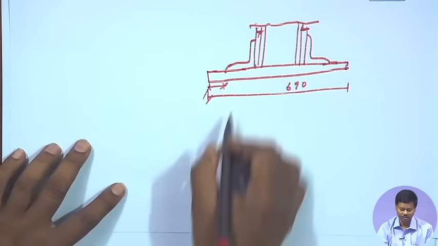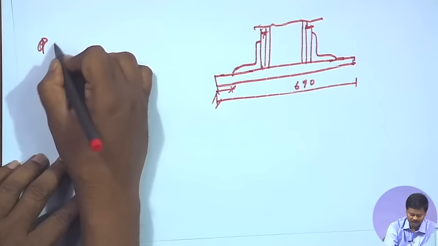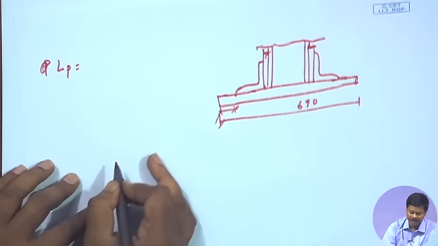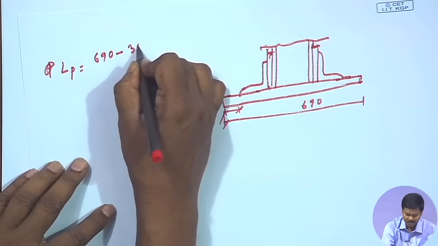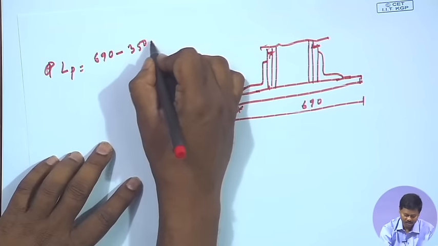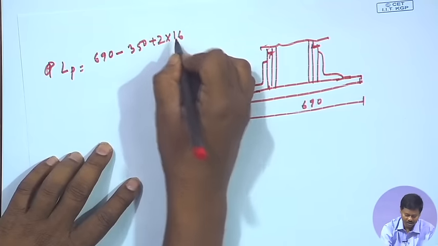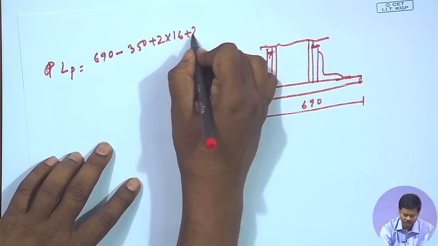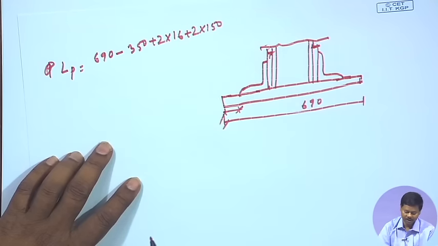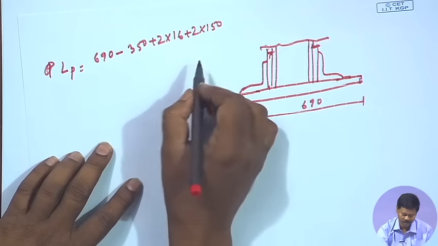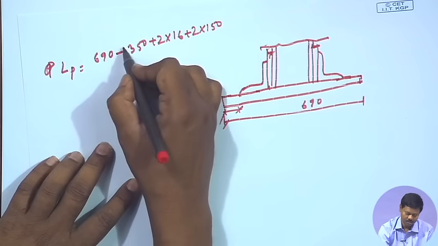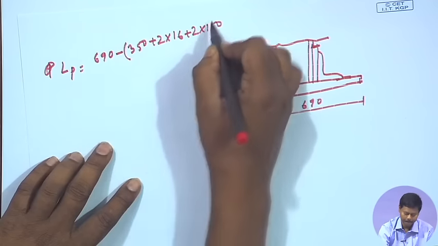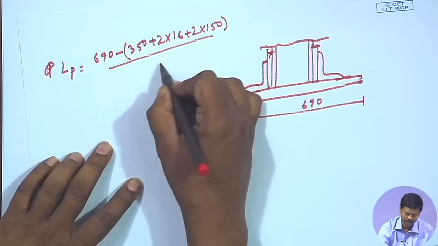If I write the projection length as LP, then LP is 690 minus 350, the depth of the section, plus 2 into 16, the gusset plate thickness, plus 2 into 150, the length of the horizontal arm of the angle, then divide by 2.